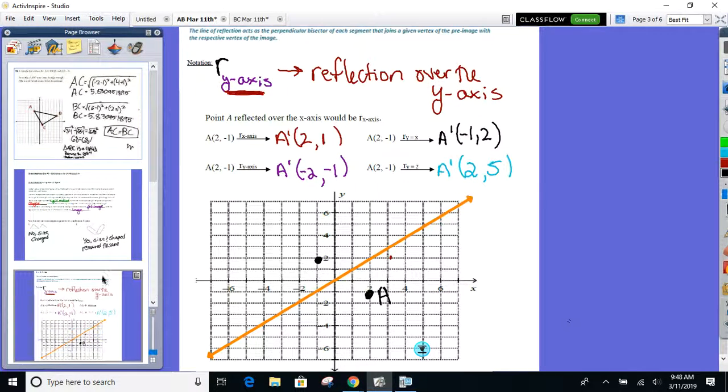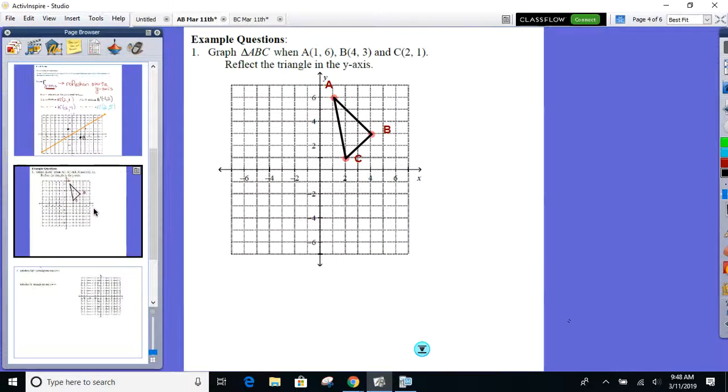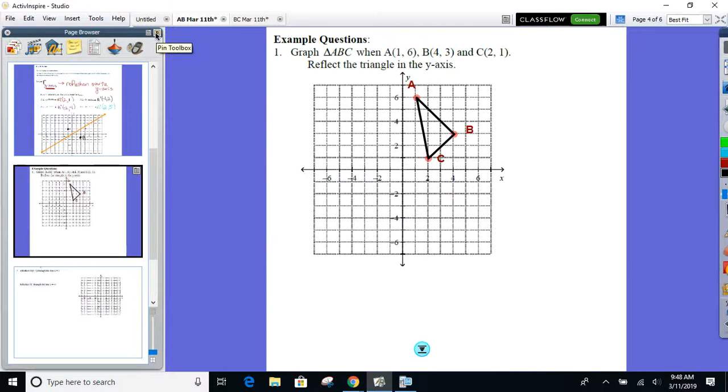All right, I'm going to walk around watching you guys graph and label the points for this triangle, where you reflect it over the y-axis now. So what's A prime? What's B prime? What's C prime?